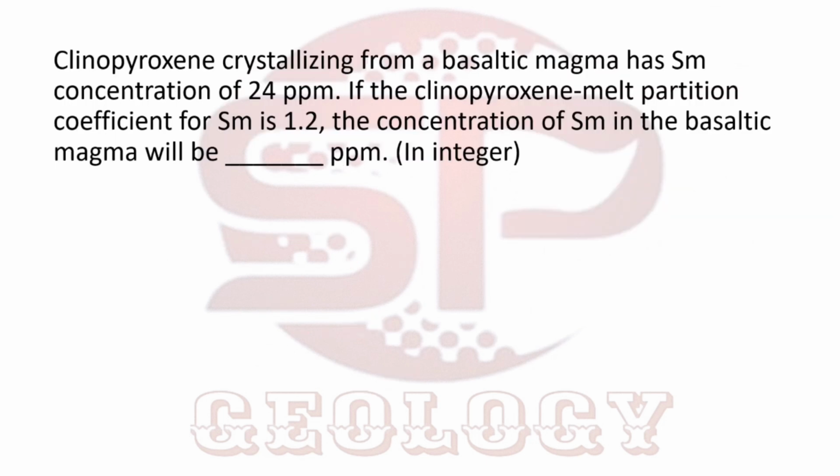Then, clinopyroxene crystallizing from a basaltic magma has an Sm concentration of 24 ppm. So the concentration of Sm in the solid is given as 24 ppm. The clinopyroxene-melt partition coefficient of Sm, D of Sm, is given as 1.2. We have to calculate the concentration of Sm in the basaltic magma.